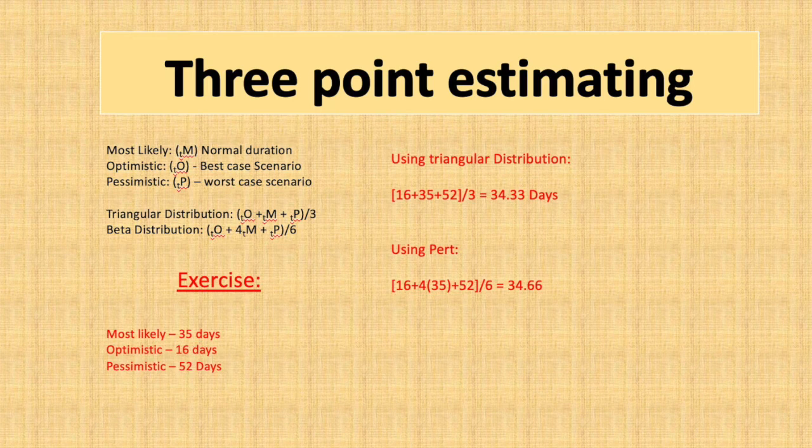We will take the average of all these three parameters, 16 plus 35 plus 52, and our answer will be 34.33 days duration required for this activity to complete. If we use PERT technique, we will use 16 plus 4 times most likely plus 52, divided by 6, and we will get 34.66.